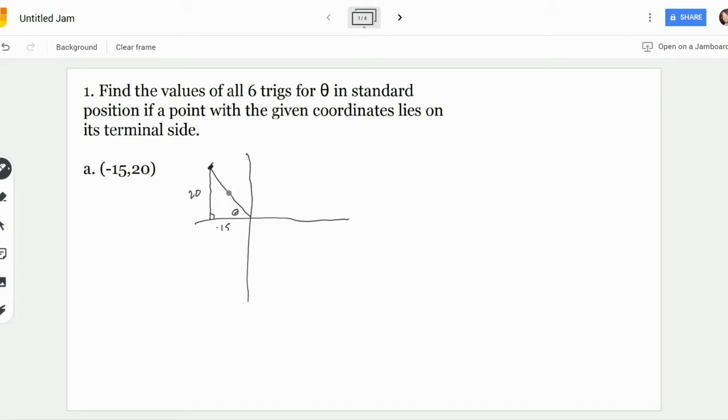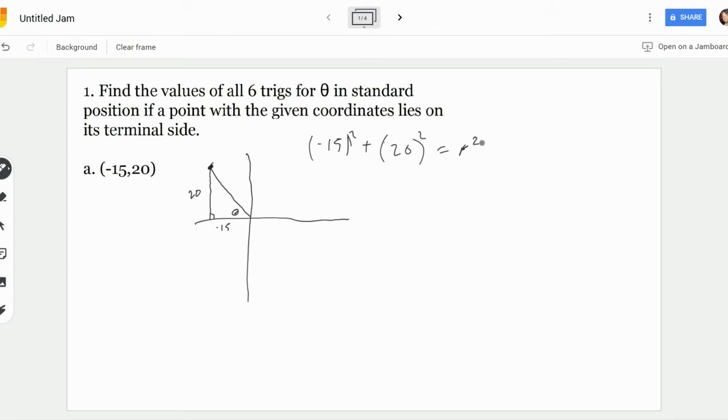And an easy way to do this right away is we need to know what this other side is. So we could just use the Pythagorean theorem. We have 2 sides of a right triangle. So that would look like negative 15 squared plus 20 squared, and this is equal to the third side of the triangle.